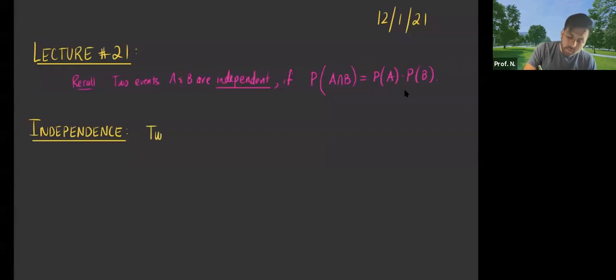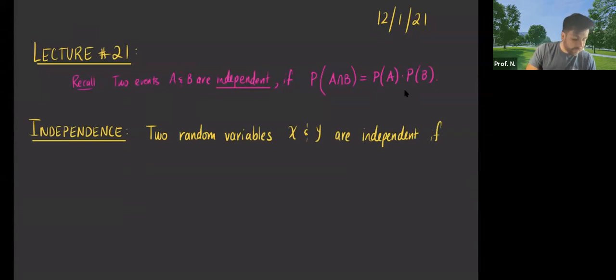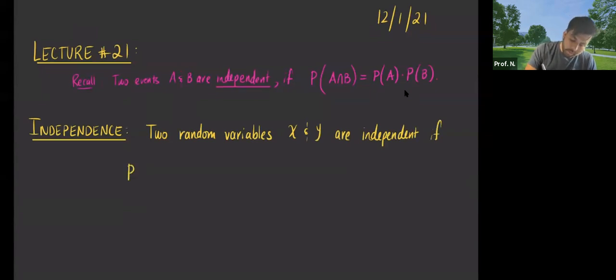So two random variables x and y are independent if the probability that x is part of some set could be x equals, and this kind of notation is a more general notation.